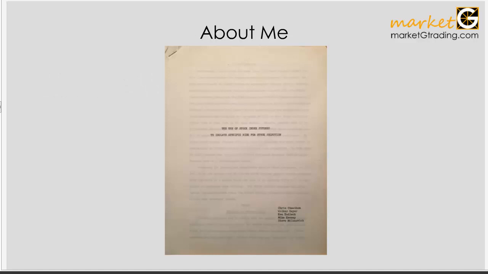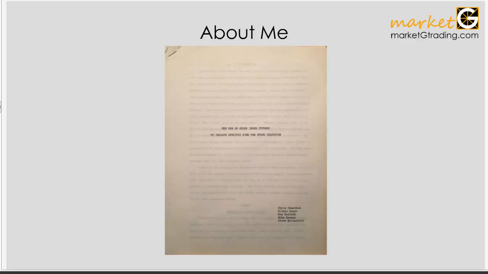So I had a funny incident. I was cleaning out some papers, and I found a graduate school term paper that was my introduction to the futures market back in 1983. It's kind of a funny story. I thought you might enjoy it. So basically, I was early 20s in graduate school, and I signed up for this futures and options class, not really knowing what it was all about.